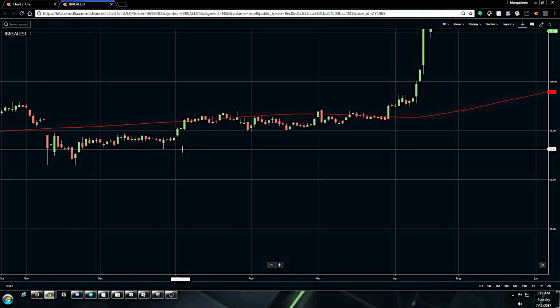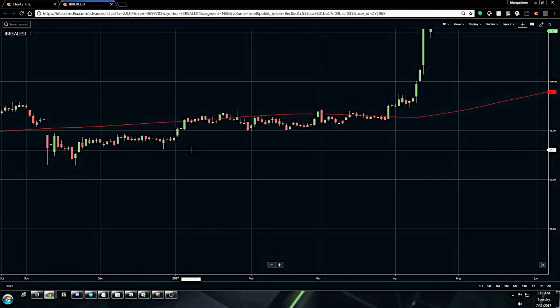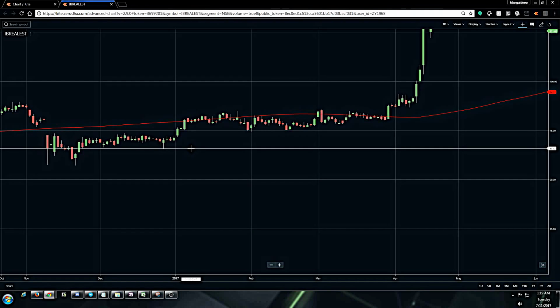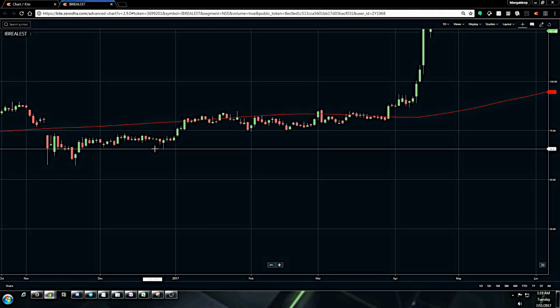That is 65 rupees, let's say. So we go long at 81 rupees, and we have the stop loss at 65 rupees, and it gave us a very sideways movement for a lot of days here. But it never actually touched our stop loss, so we are safe here.